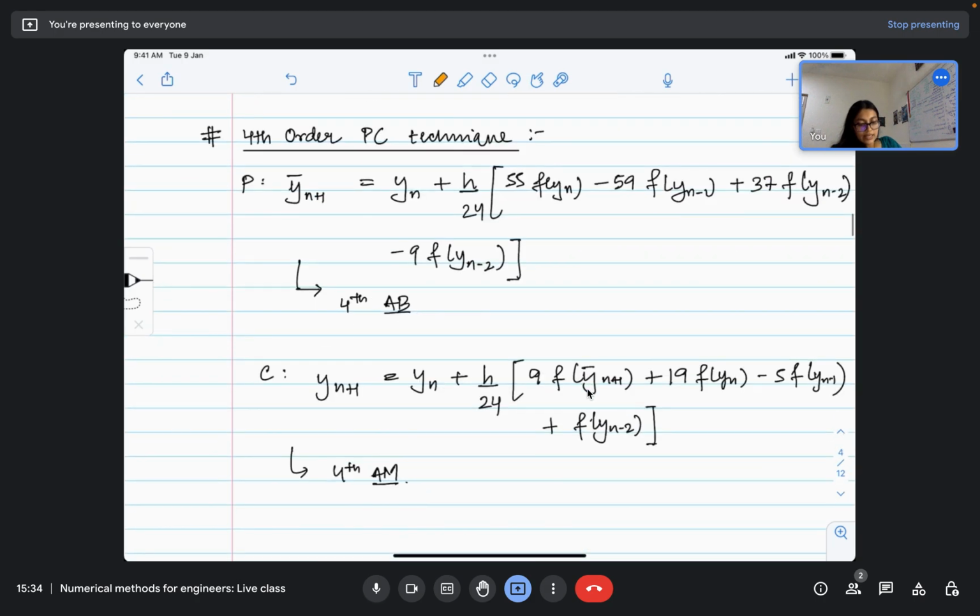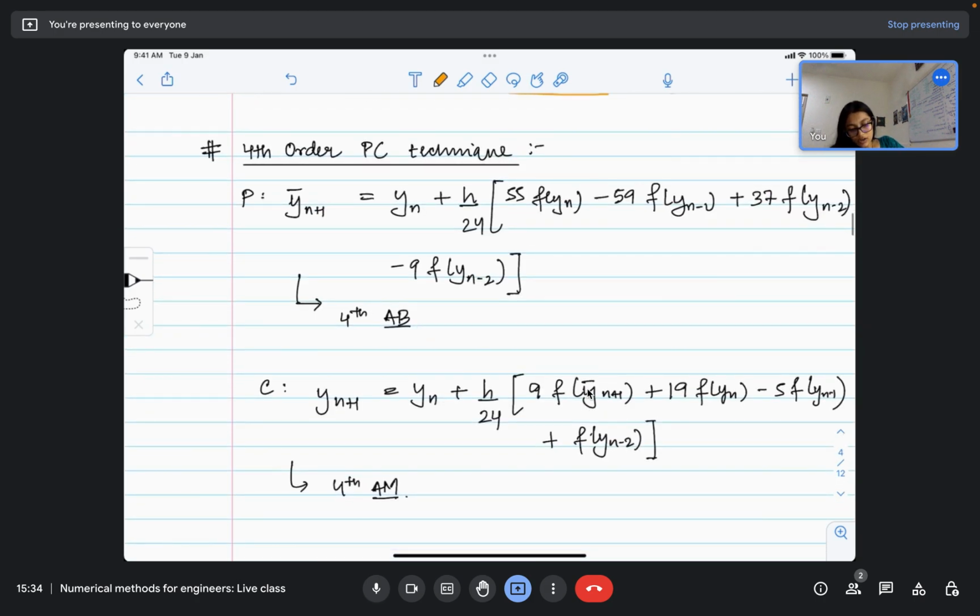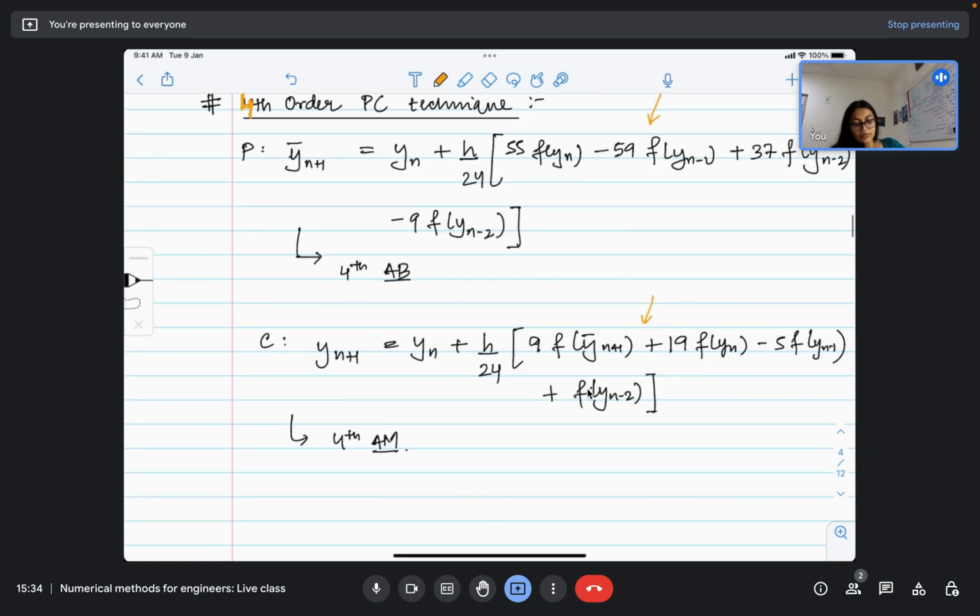Now, as the orders increase, here I have kept an example of the fourth order predictor corrector technique, where we use the fourth order explicit method and the fourth order trapezoidal rule. The predicted value of yn plus 1 is going to be yn plus h by 24. This formula has been derived using the same kind of derivation we have learned in the previous classes.